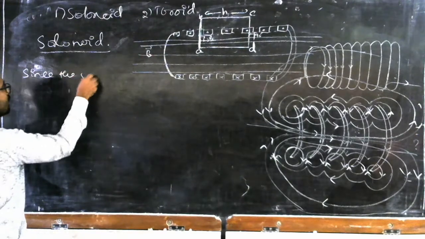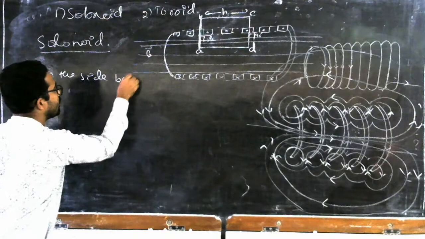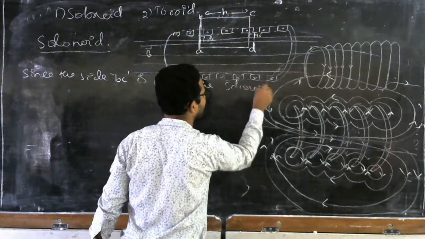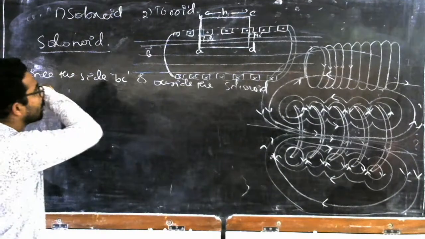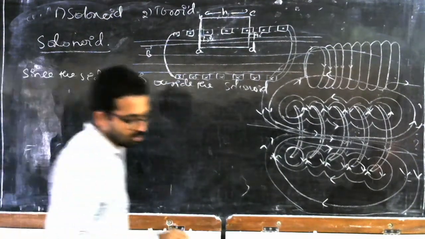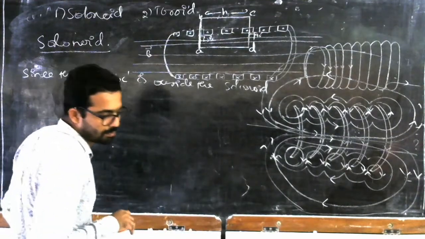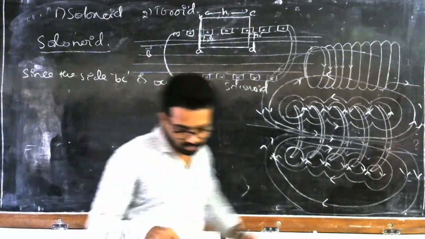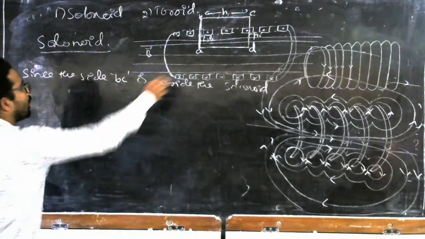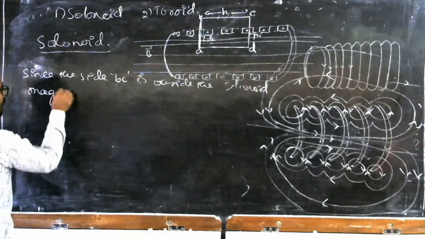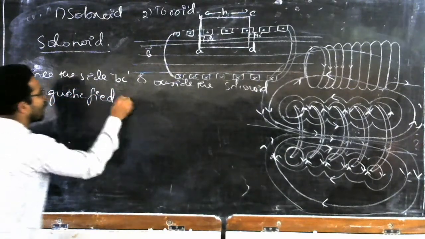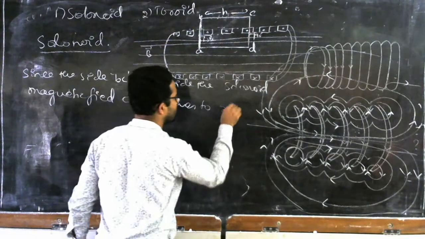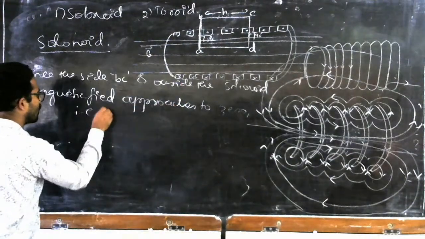Since the side BC is outside the solenoid, the magnetic field approaches 0. That is B is equal to 0.